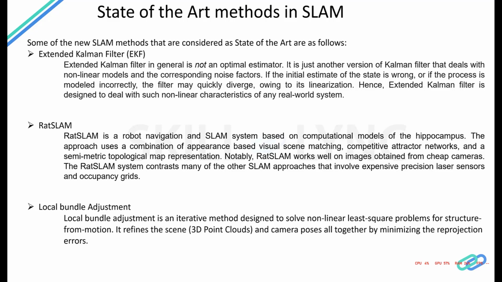The extended Kalman filter also enables us to generate the same model and also map and localize, even though there is nonlinearity present in the system, right? Any given real system is a nonlinear system in general.